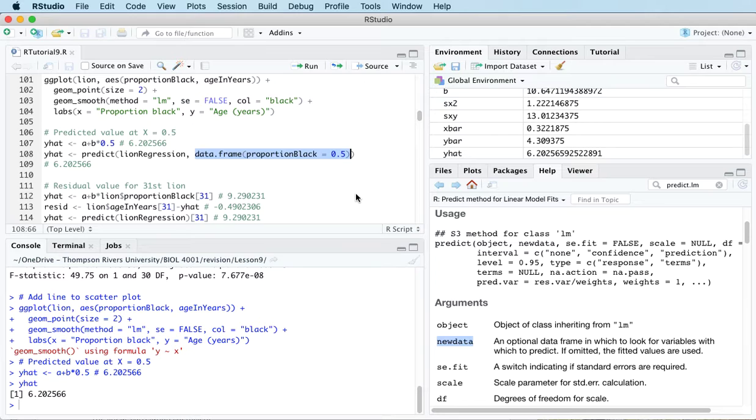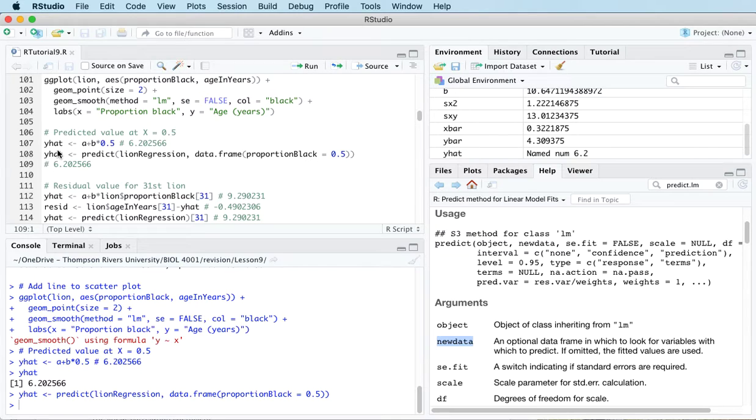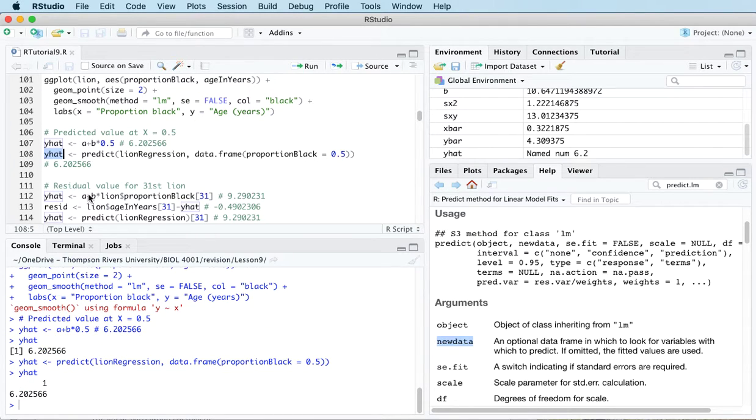We need to use this syntax here, data.frame, and then the name of the predictor, and then an equal sign, and then the value that we want to make the prediction at. So if I run that code, we're going to get the same answer that we got when we did it by hand. It's probably a little better to use this method because it is more general.